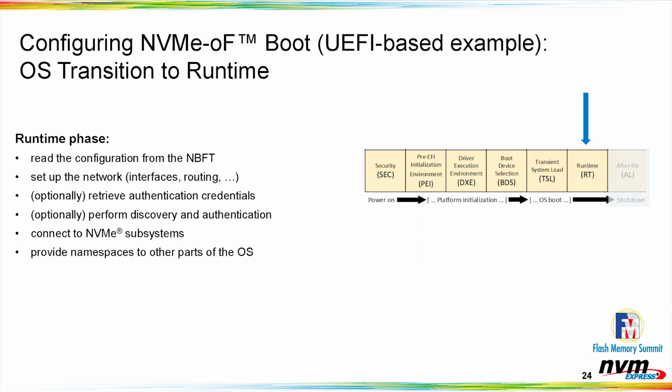It can, again, optionally retrieve authentication credentials, perform discovery and authentication, connect to the NVMe subsystems, and then provide the namespaces to other parts of the OS. You might notice that this is a lot like what was done in the DXE phase. In the DXE phase, the UEFI bootloader had to understand all the NVMe devices, create connections, and start transferring information back and forth as a block device.